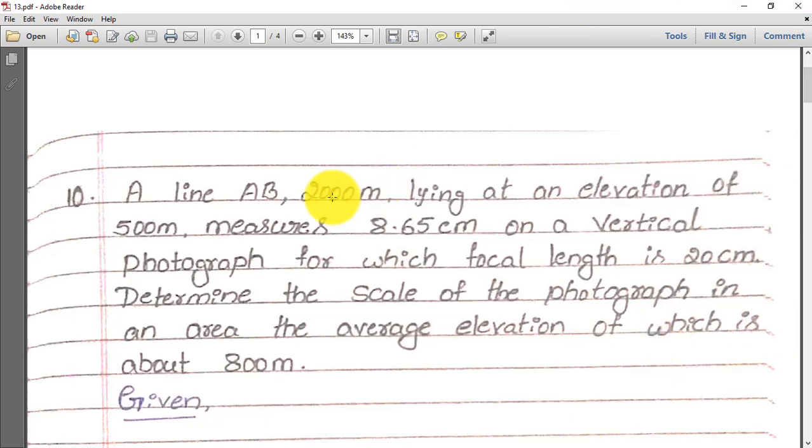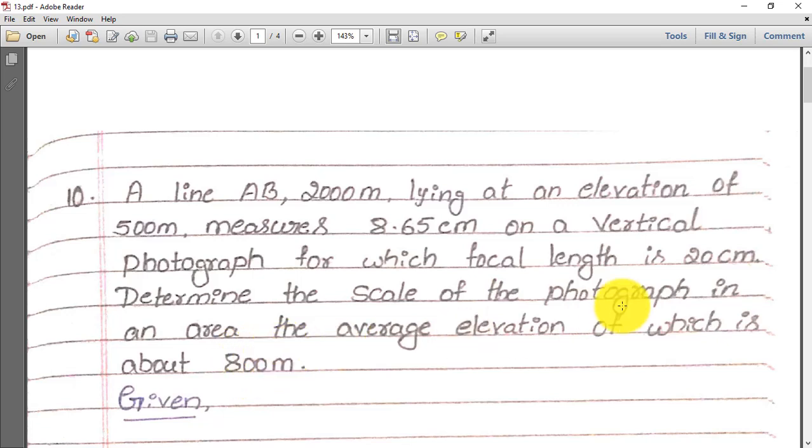Now we will see a line AB of 2000 meter lying at an elevation of 500 meter, which measures 8.65 centimeter on a vertical photograph for which the focal length is 20 centimeter. Determine the scale of the photograph in an area the average elevation of which is about 800 meter. See this one, you can see there are two ground points.